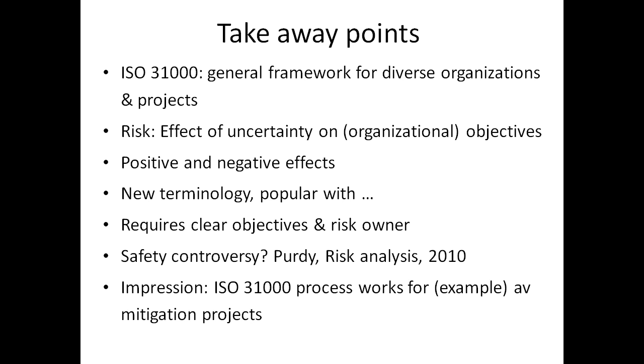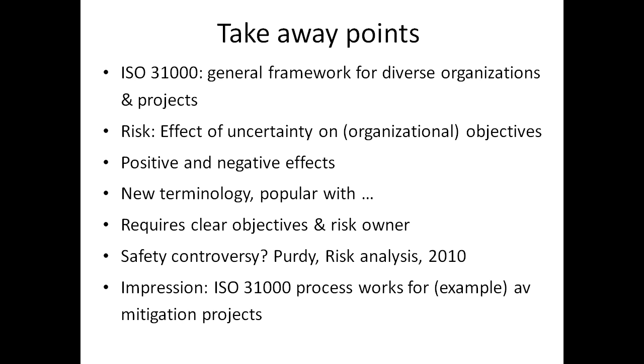We have a new definition of risk, which has quite important changes: it can have positive or negative effects on the organizational objectives. We have new terminology. Already in Canada, we're finding it's popular with financial institutions, boards of directors, and upper level management, and in time that will hopefully trickle down to the frontline managers and workers.